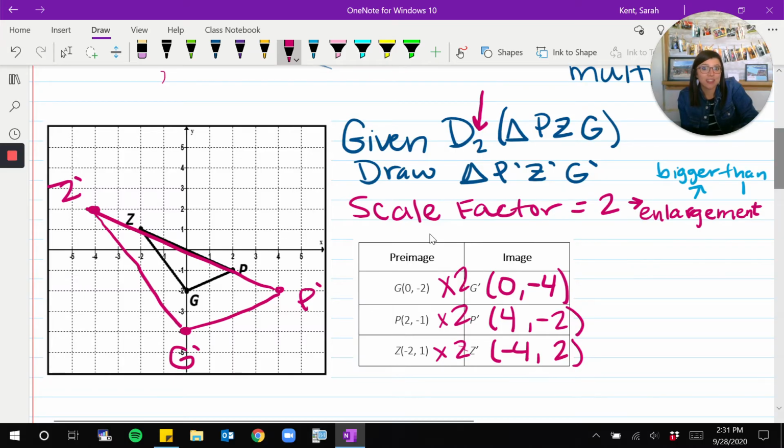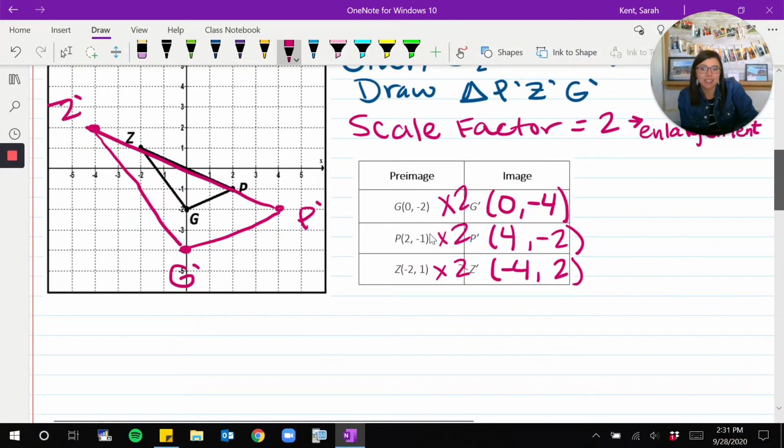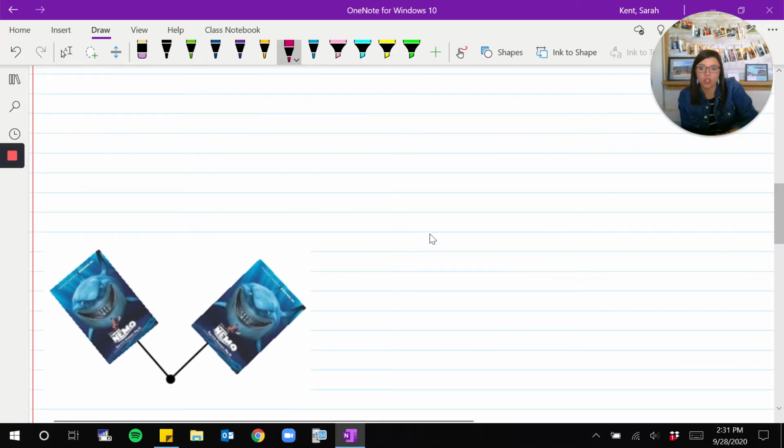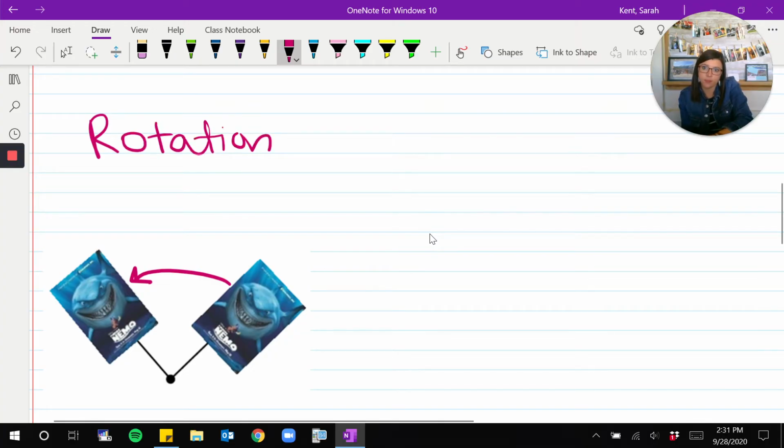So our last one we're looking at is a rotation. You can see here with the rotation, this is something that is going to turn. So for a rotation, this is going to be a turn.